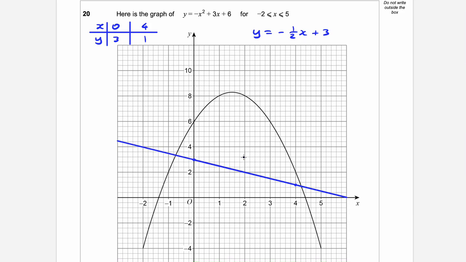Okay, that kind of makes sense, guys, because is my gradient minus a half? Well, it is, because this is 2, and this is 1, 2, 3, 4. 2 over 4 is a half, and it's going negative. So that's the correct line.